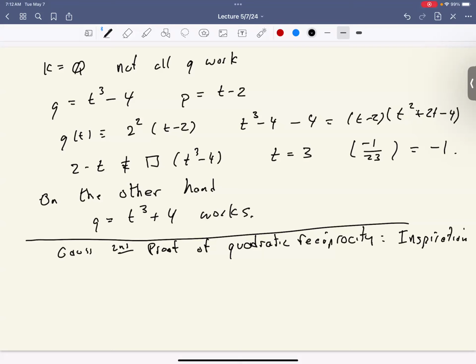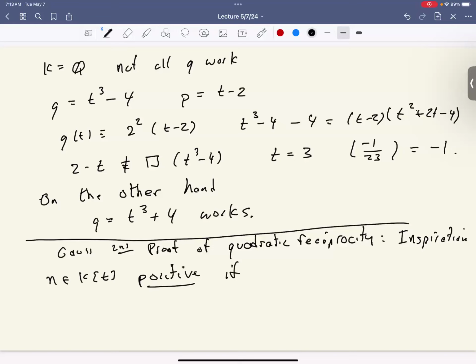And okay, so I'm going to give a condition for this partial reciprocity to hold in terms of binary quadratic forms, but they're going to have coefficients in the polynomial ring. So I have to set up a little notation. Now, this is kind of a weird notation, but it's actually helpful. So if I have a polynomial, I'm going to say it's positive.